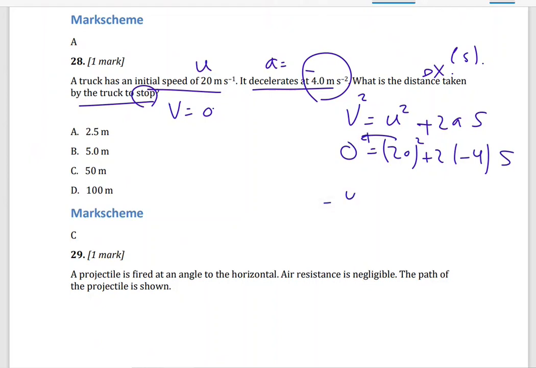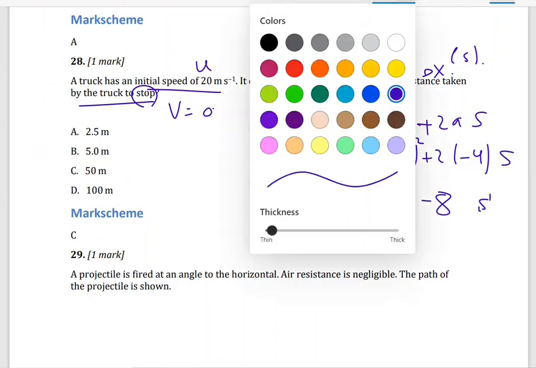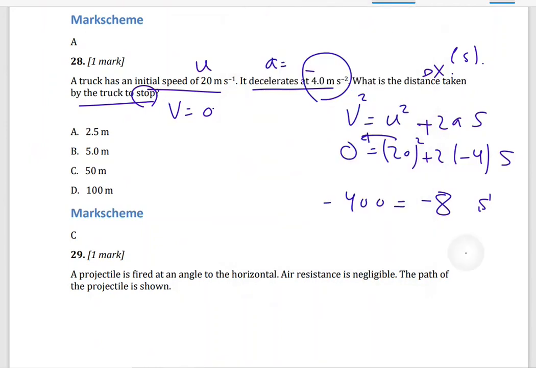So I will have negative 400 equals negative 8 times S. Divide both sides by 8. So S will be 400 divided by 8. So the answer is 50 meters.